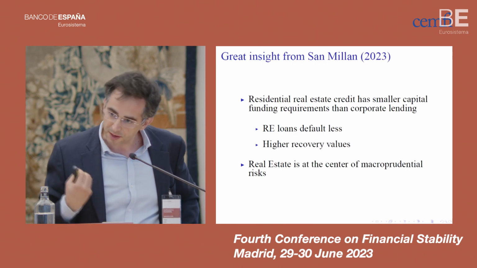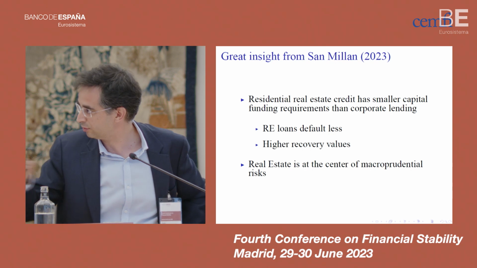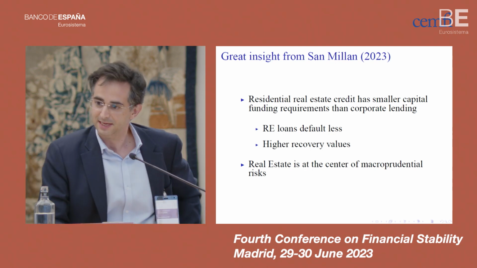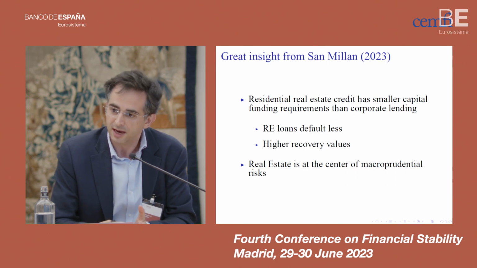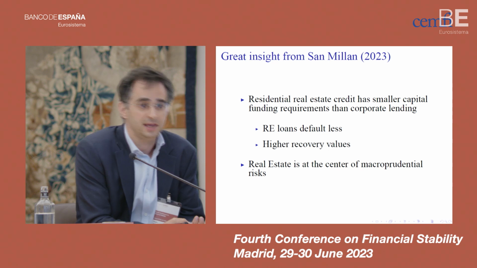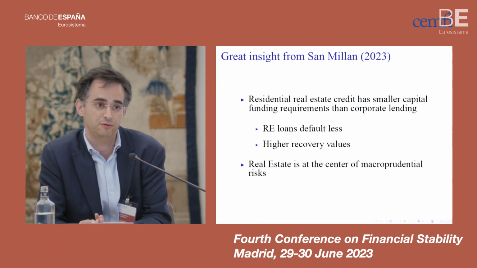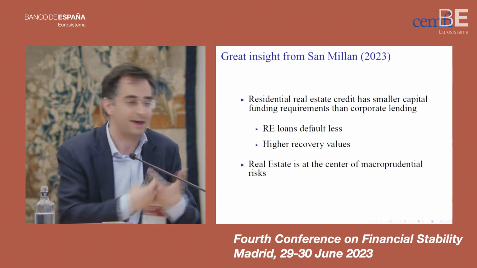And then going back to the paper, I think what is a great insight of Max, I'm going to shorten your name, okay, of Max, is that he says, look, there are two things here going in opposite directions. Real estate credit defaults usually less. In case of default, the losses given default are smaller because, for example, foreclosure is not the same than a company.